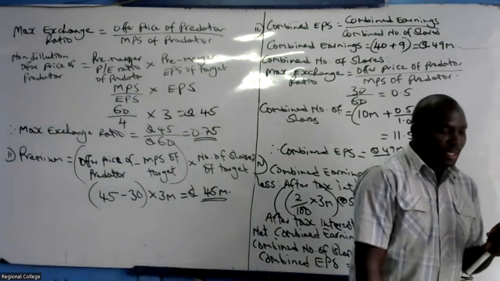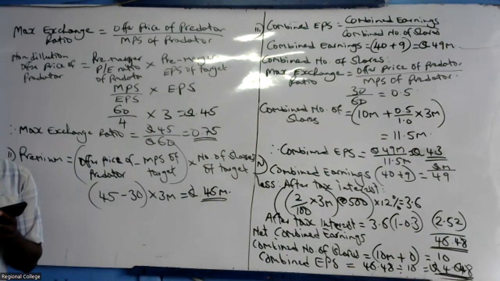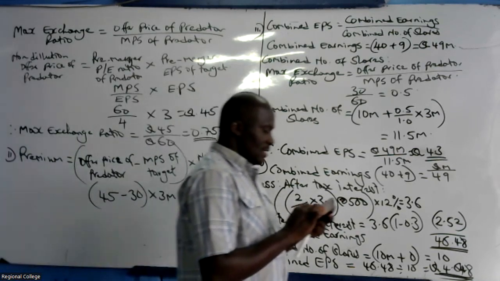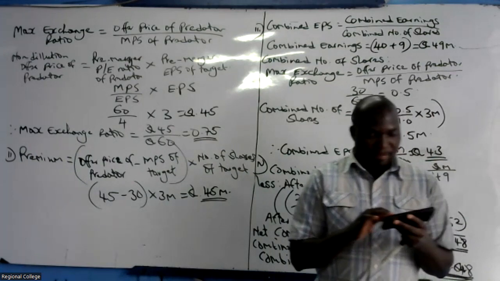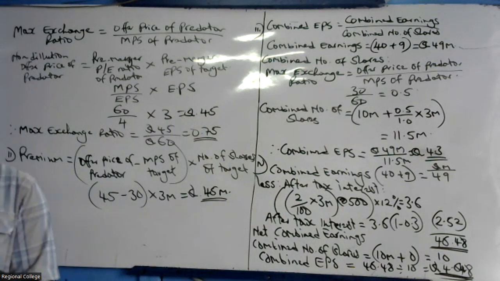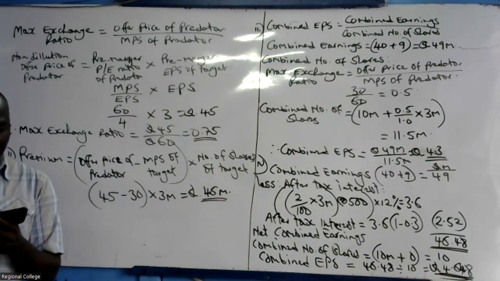Dividend theory is very clear with us. Which one again? May 2018. May 2018, 3C.